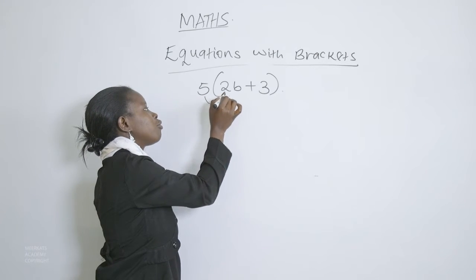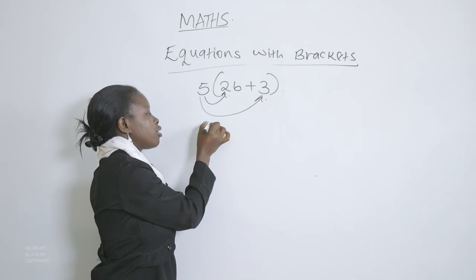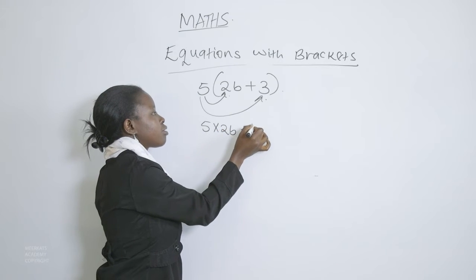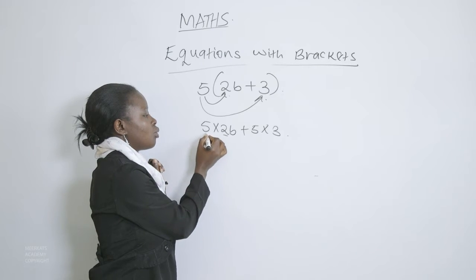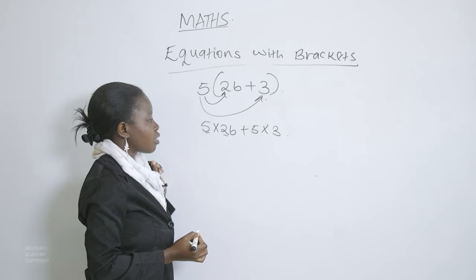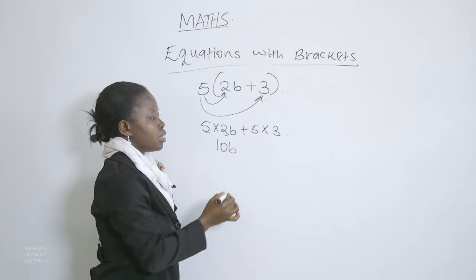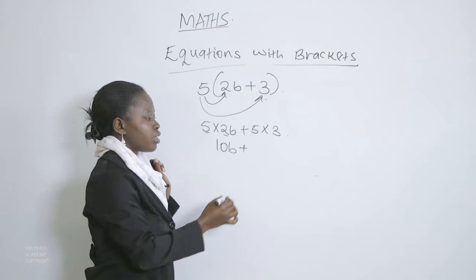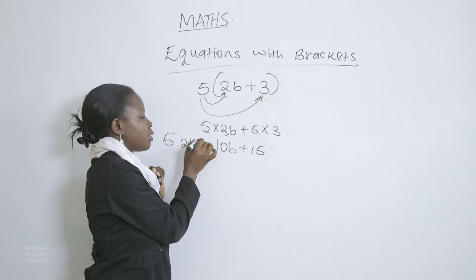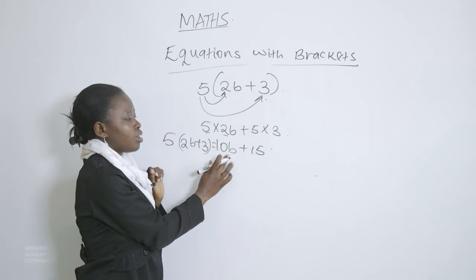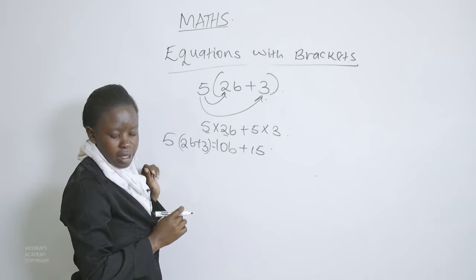So I have 5 multiplied by 2b, plus the same 5 multiplied by 3. 5 times 2 is 10, times b gives us 10b. Then 5 times 3 gives us 15. So 5 into 2b plus 3 gives us 10b plus 15. That is the expansion of this expression.